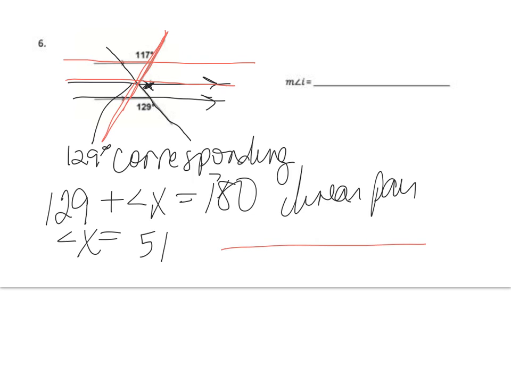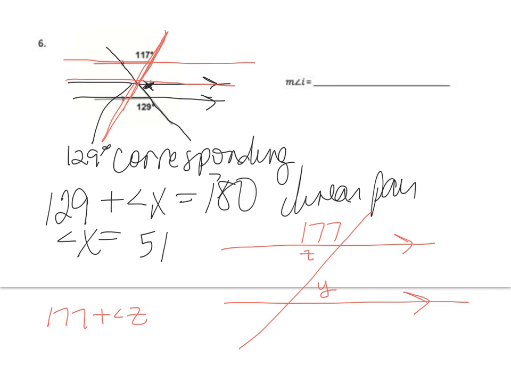There we go. So I have a parallel line, the auxiliary line I drew. This is 177. That is given. And we need to label this one Y, and let's label this one Z. Let's find angle Z. 177 plus angle Z equals 180 because it's a linear pair.